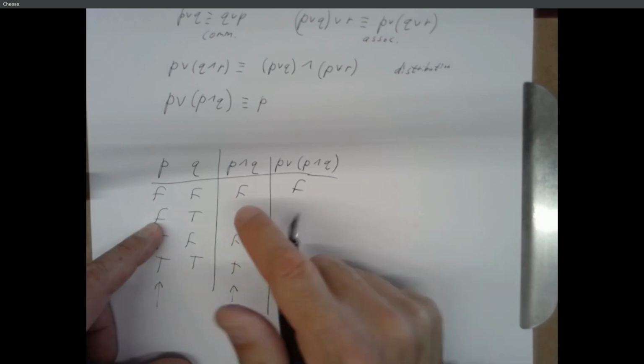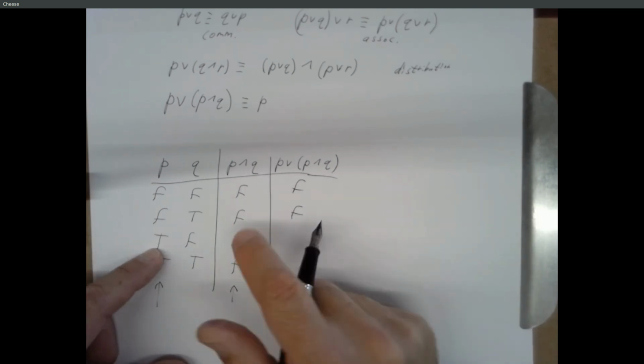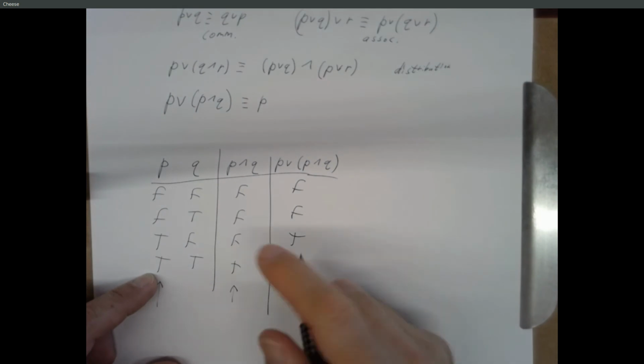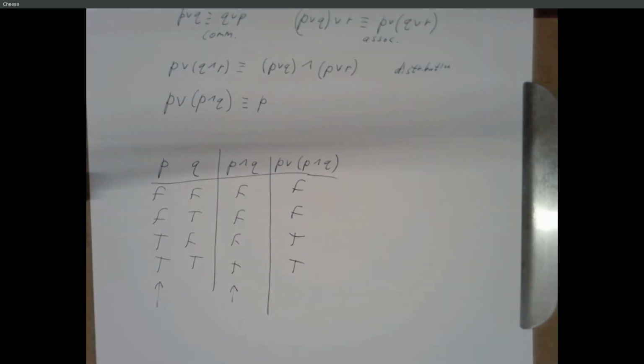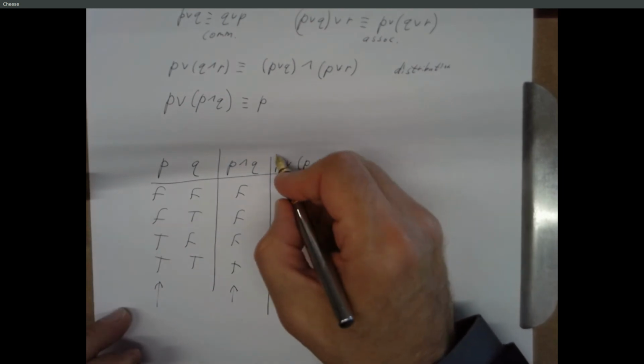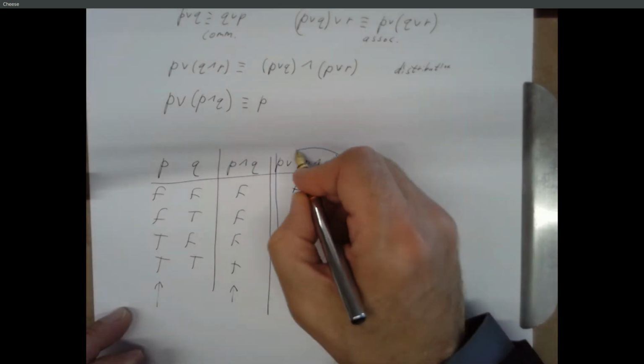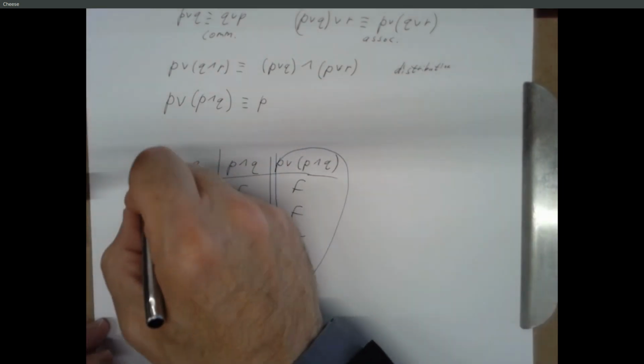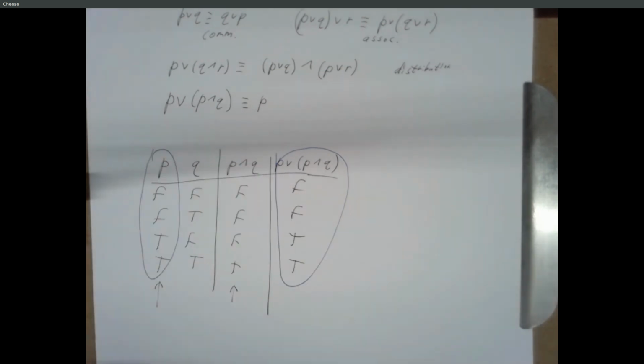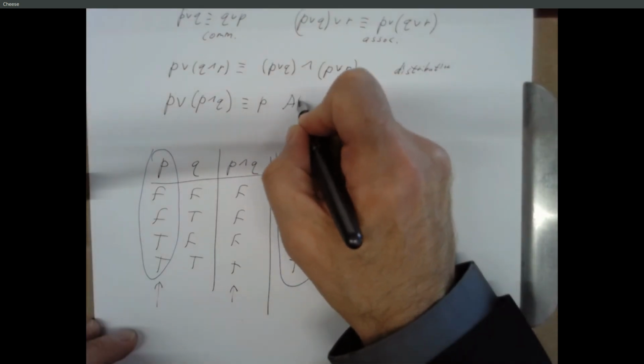False ORed with false is false. True ORed with false is true, and true ORed with true is true. And so here again, in every possible case, the truth values of this expression exactly match the truth values of this expression. That's enough to show logical equivalence. Truth tables are the same. So that's absorption.